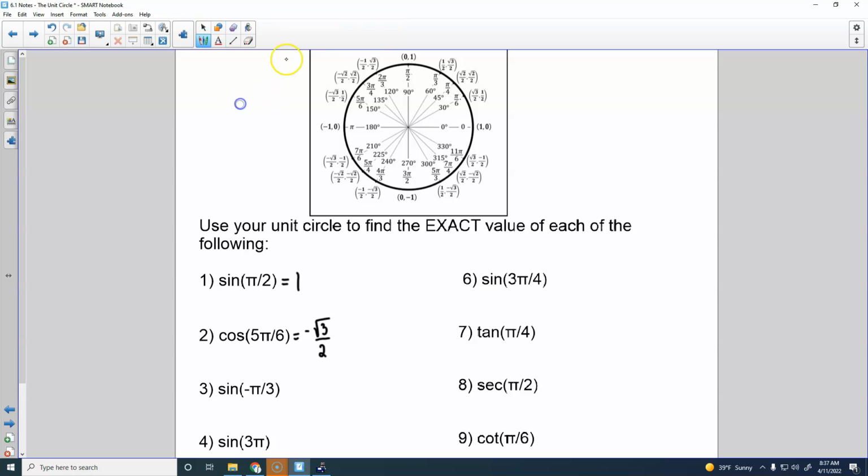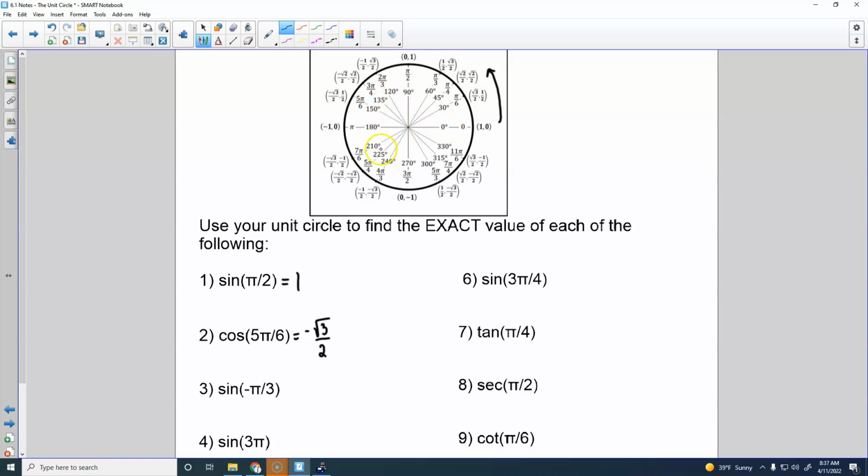Now, we've got something tricky right here. We have sine of negative pi over 3. Negative pi over 3 is not on that unit circle. We only have positive values written on our unit circle. But we talked about this a little bit when we were doing vectors. Whenever we talk about angles on the unit circle, we go counterclockwise.